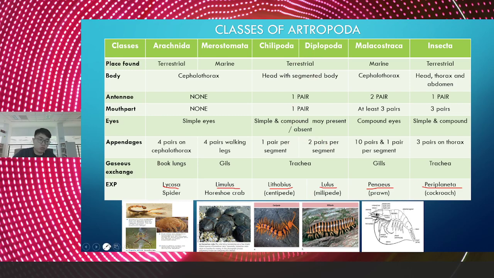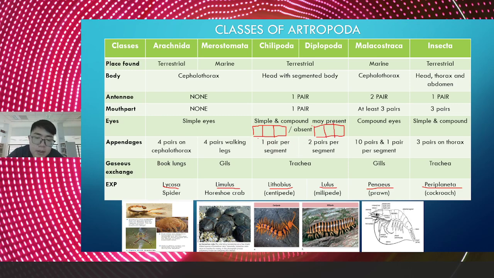So maybe you not clear. So I draw. Okay, Chilopoda, I already say segment right. Macam ni. Okay, another one is Diplopoda. Also has segment body. Okay, for 1 pair per segment, it means that this 1 pair is 1 segment, and 1 segment.